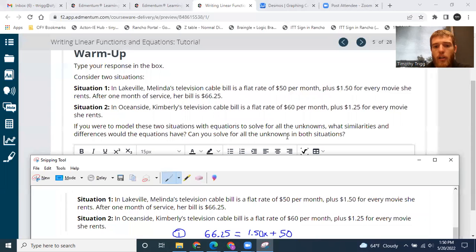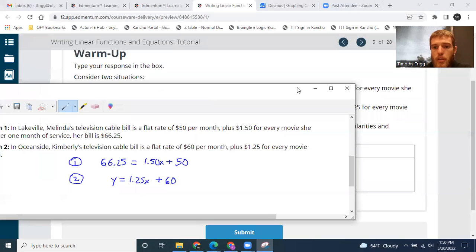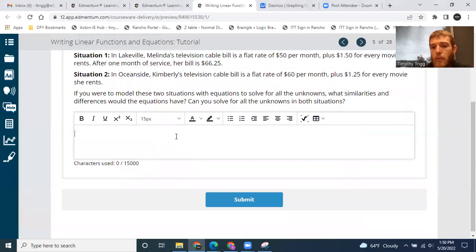Can you solve for all unknowns in both situations? No, we can't. We can solve for X in the first situation, but in the second situation we have X and Y, so we can't find the value of either of them. That's what you want to write here.